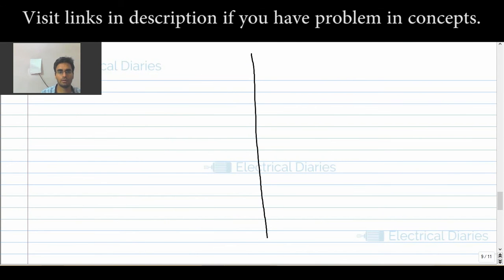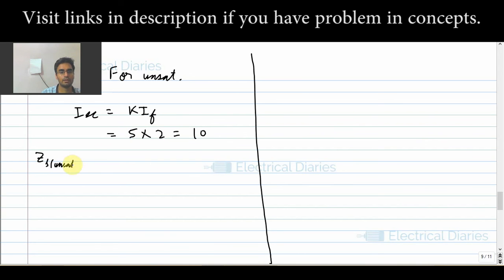So for the unsaturated region, your ISC is equal to KIF. Here your K is 5 and your IF is 2, so it will be 10. So your ZS unsaturated will come out to be VOC by root 3 divided by KIF.